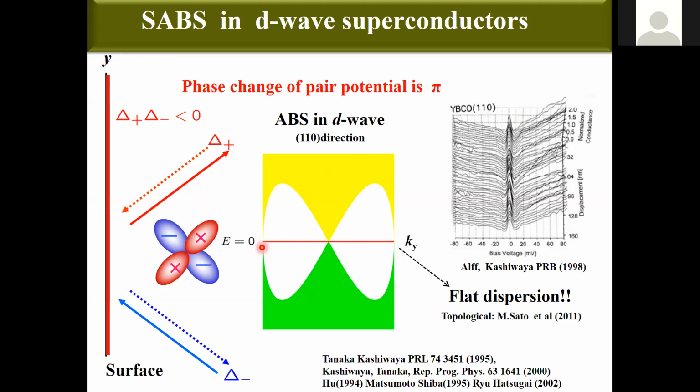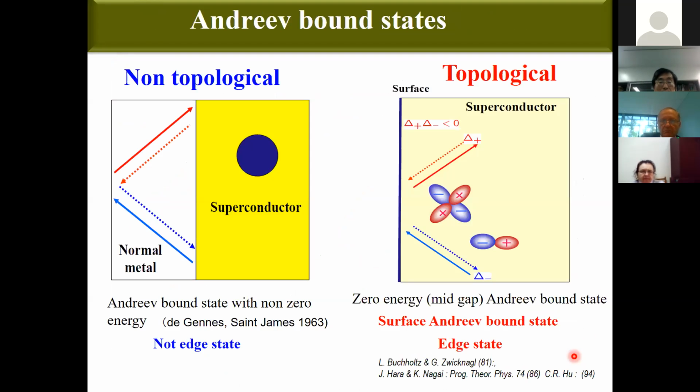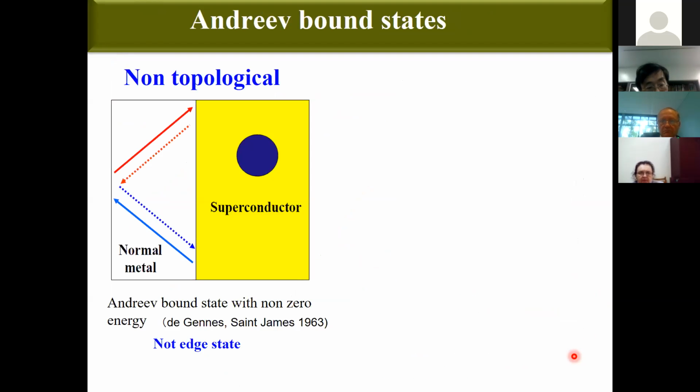Later I would like to mention that this flat dispersion is obtained from the topological nature included in the Hamiltonian. I would like to explain that in this lecture. In the first part, I mentioned that the Andreev bound state is quite well known from very old times.